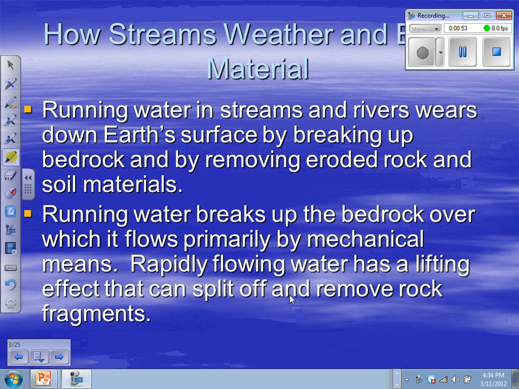Running water in streams and rivers wears down Earth's surface by breaking up bedrock and by removing eroded rock and soil materials. Running water breaks up the bedrock over which it flows primarily by mechanical means. Rapidly flowing water has a lifting effect that can split off and remove rock fragments.